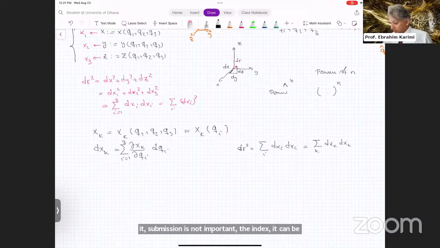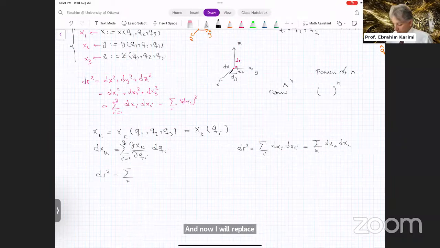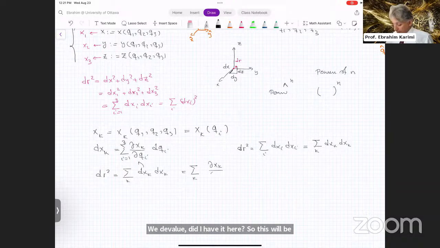Now I will replace dxk with the value that I have here. So that will be the summation on k, and then I have the derivative of xk with respect to qi, dqi, and there is a summation on i.